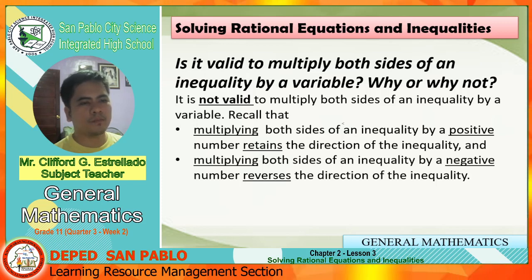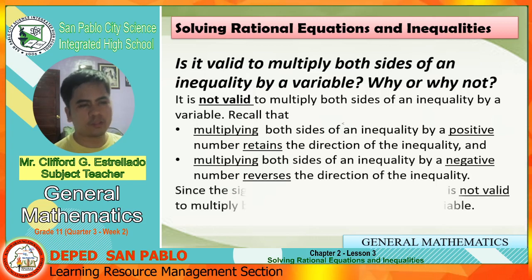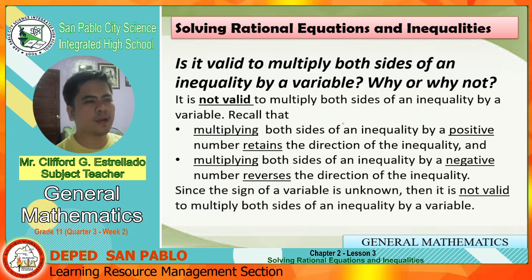If you divide both sides by a negative number, the direction of the inequality also reverses. And since you do not know if the value of x, the given variable, is a negative or a positive number, you cannot determine whether you will retain or reverse the direction of the inequality. That's why it is not valid to multiply both sides of an inequality by a variable.